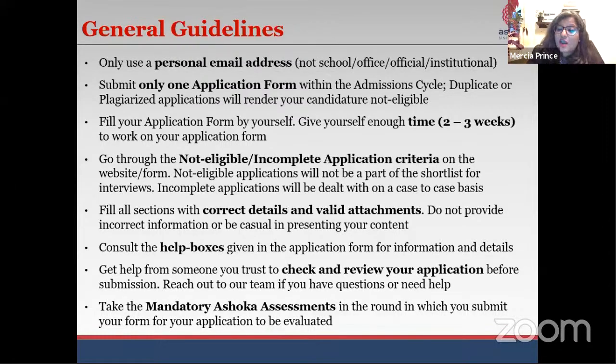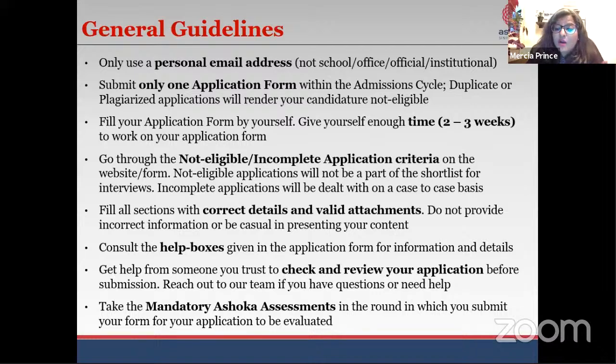If applications are plagiarized or essays or content on your application form is copy-pasted, then your candidature will become not eligible. So we recommend that you fill your application form by yourself. Give yourself enough time. Our application form would require 2 to 3 weeks. If you're more diligent, maybe you can fill it in a week. But take some time, read through it carefully, read through it properly, and give yourself time to fill your application form.